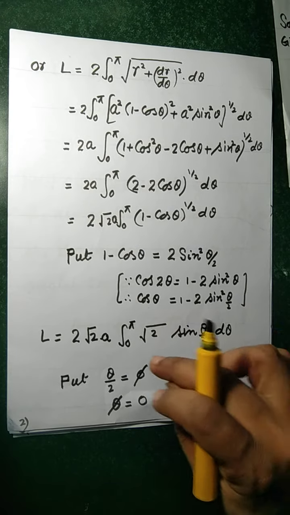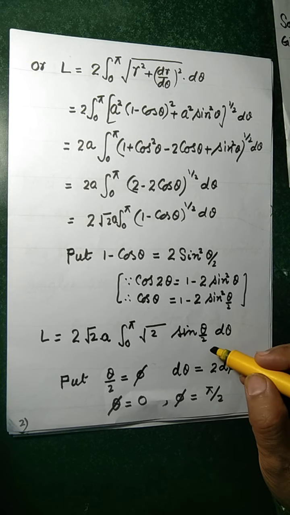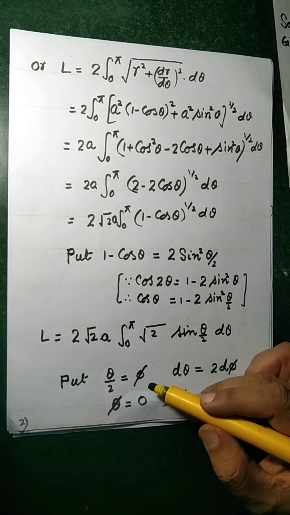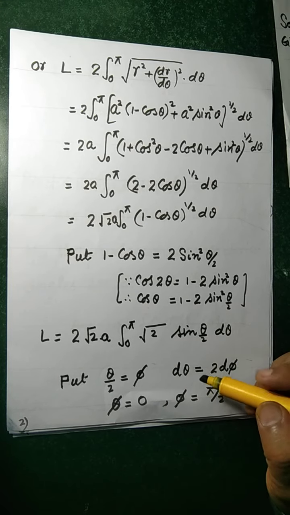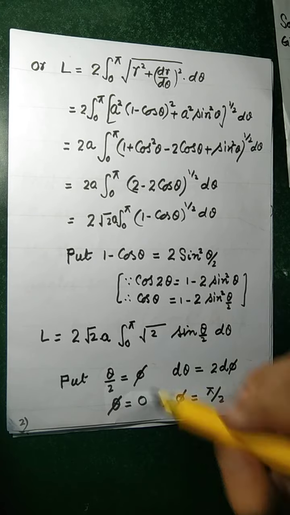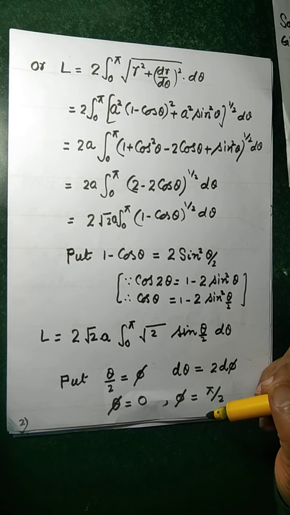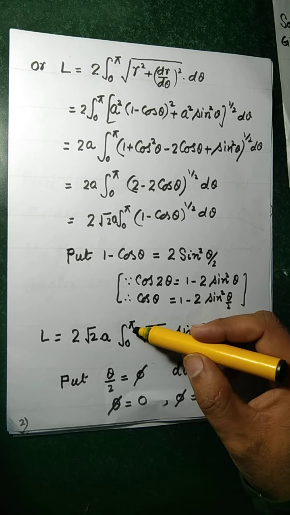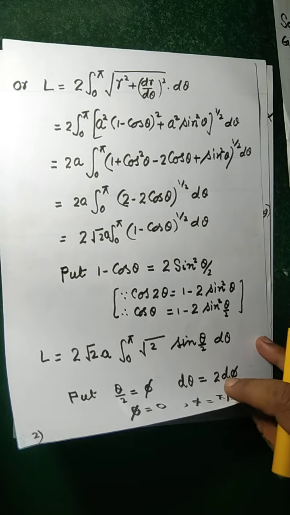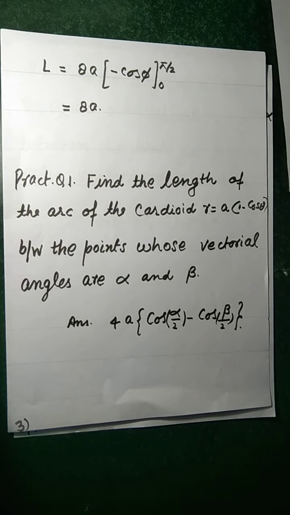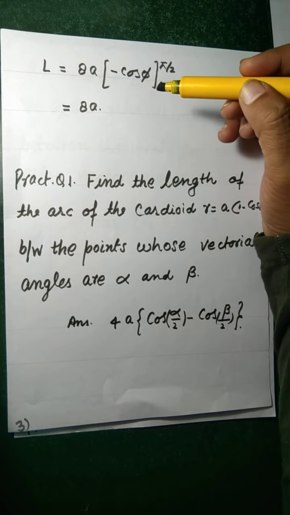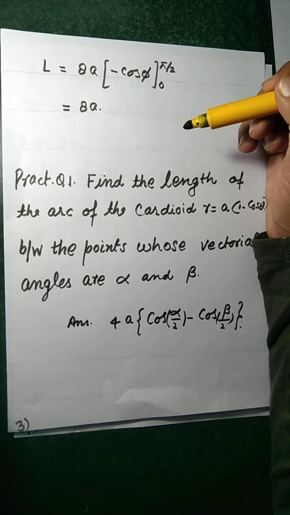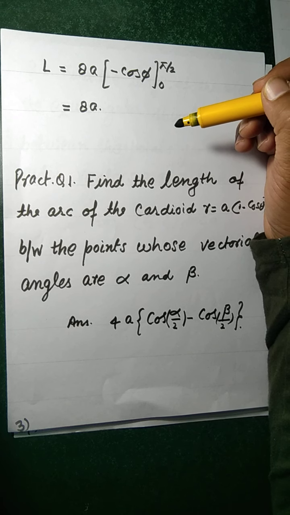For simplification of this integration, we put theta by 2 equals phi. When we put a substitution, we also change the limits, lower and upper. So the lower limit will be 0 for phi and the upper limit will be pi by 2. After simplification, we get L equals 8a. This is the arc length of the cardioid r equals a(1 minus cos theta).